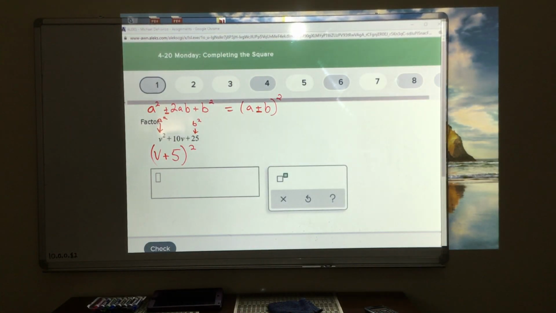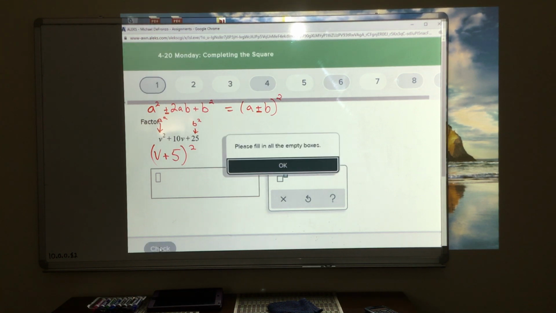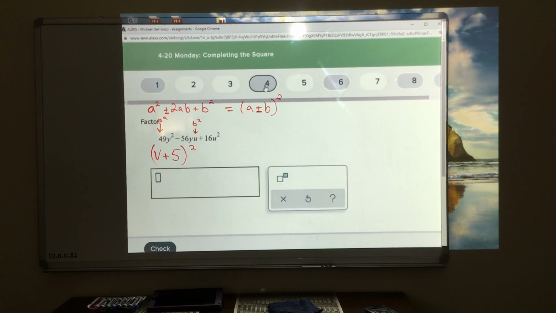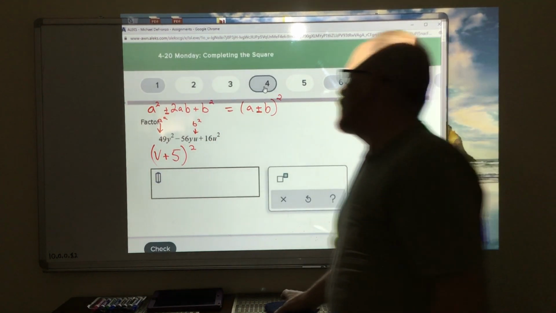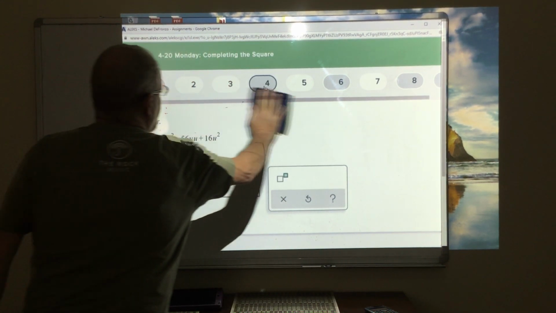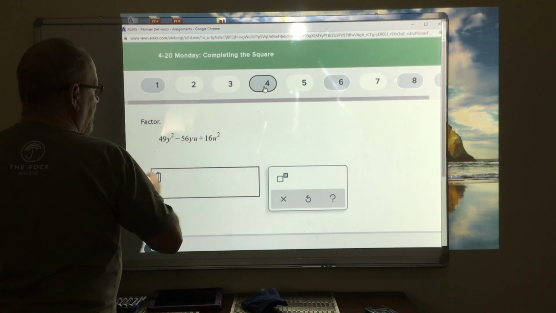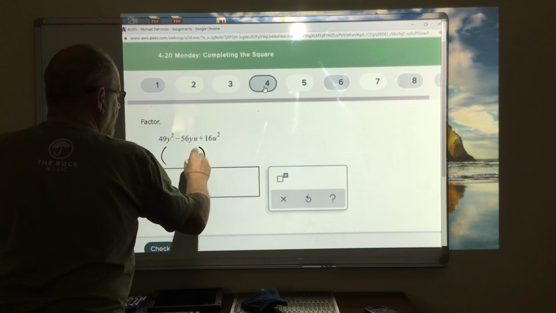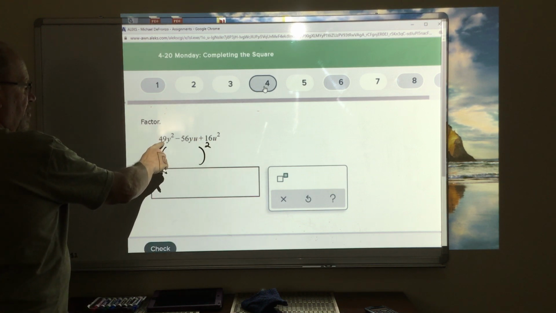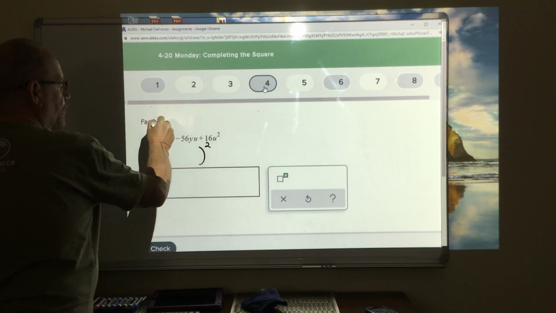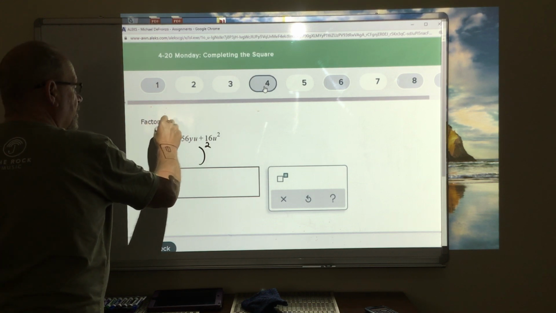So, let's just take a quick look at the end. Well, you know I'm right. So, we could do it again, and again, and again. Here's one, and we'll check this answer for you so that you know. I'm looking for what is A and what is B. What is being squared to give you 49y squared? 7y.